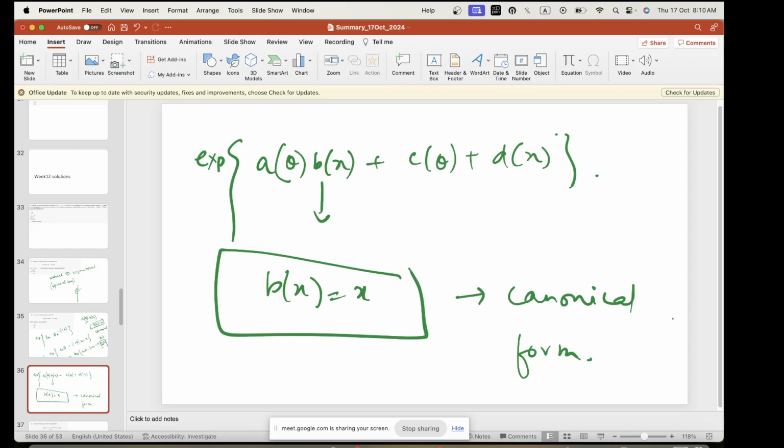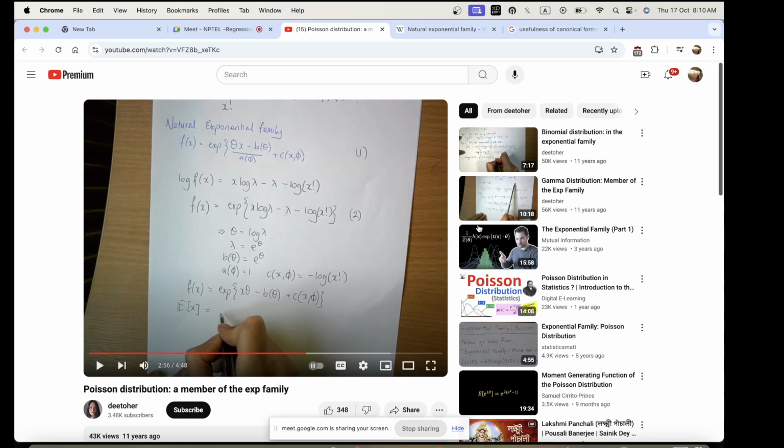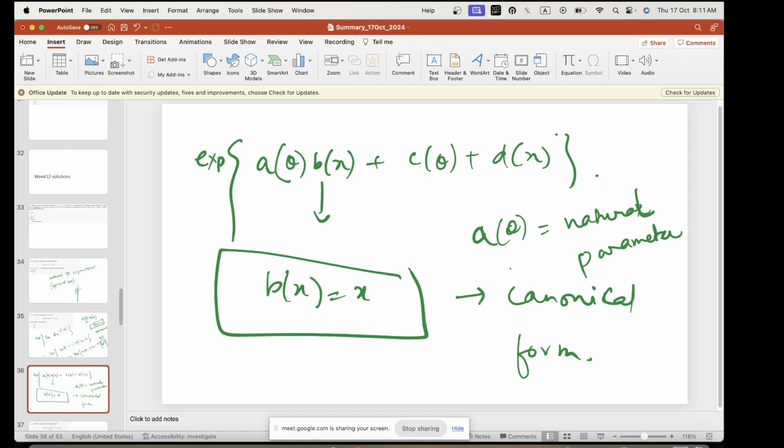Okay, and then if this is in its canonical form, then a theta is actually the natural parameter. Alright, so in this Poisson example, log lambda is the natural parameter. What was a theta, ma'am? A theta, if bx equal to x, then a theta is the natural parameter.